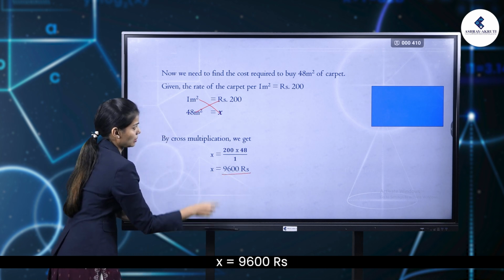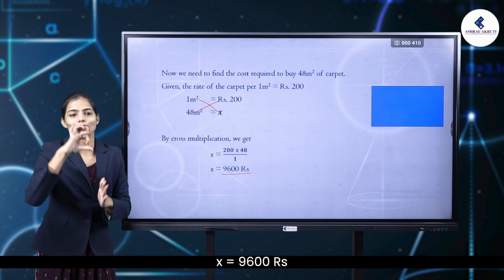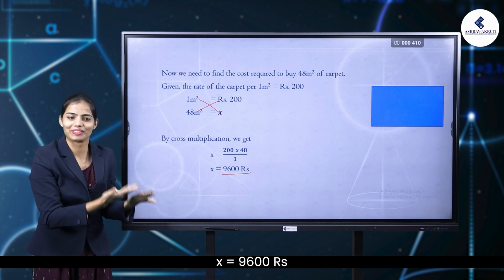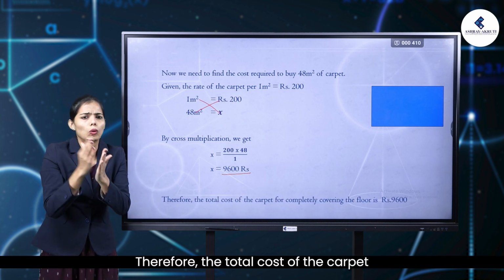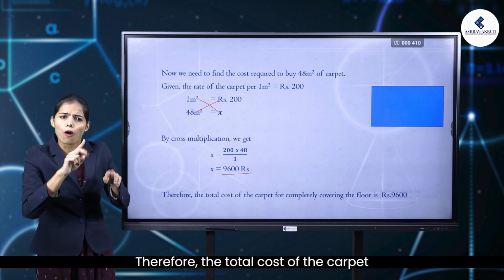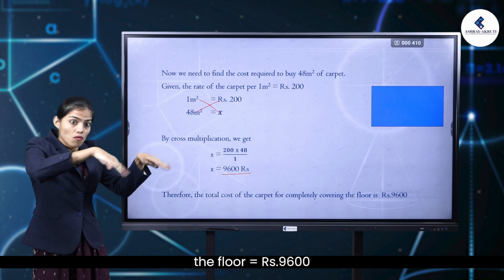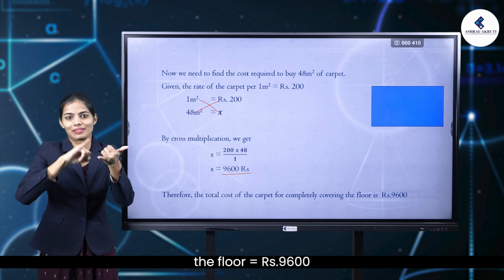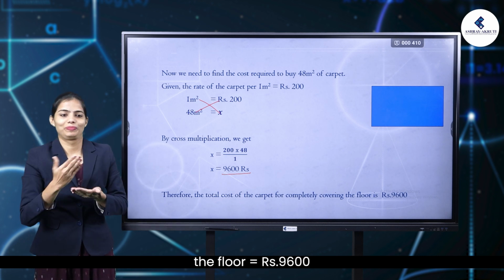X is equal to 9,600 rupees. Therefore, the total cost of carpet for completely covering the floor is equal to rupees 9,600.